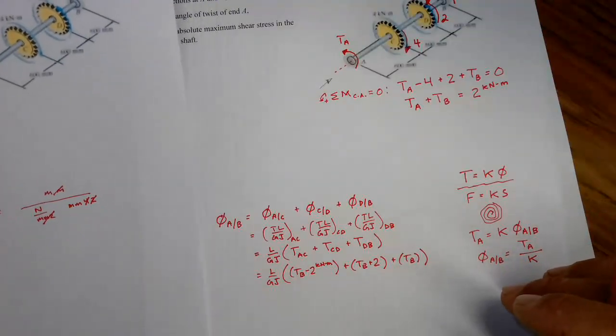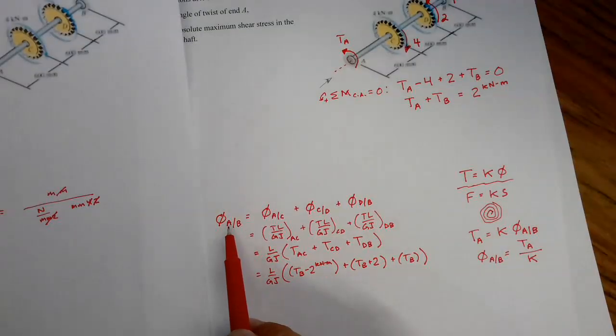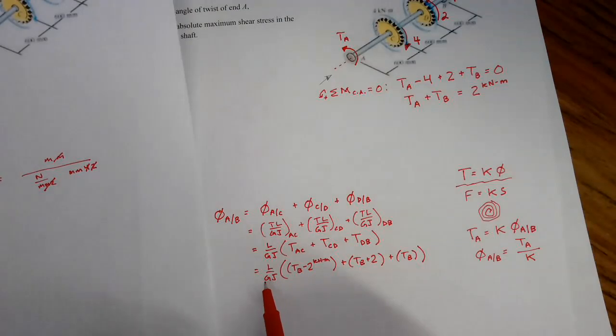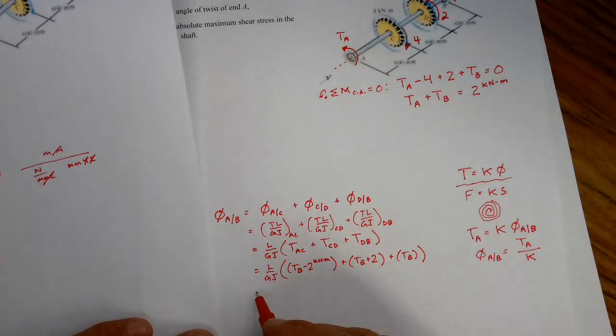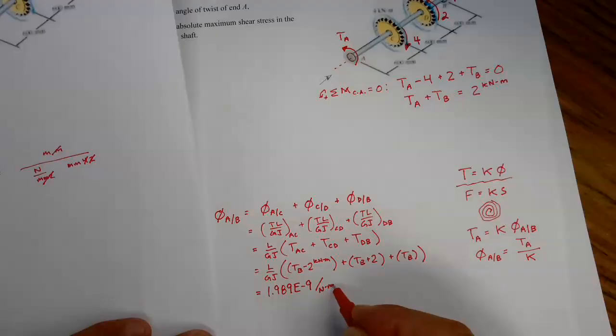Here's our torsion problem with the twist. Equals L over GJ. Let's put that in. L over GJ is 1.989 E minus 9 per Newton millimeter.